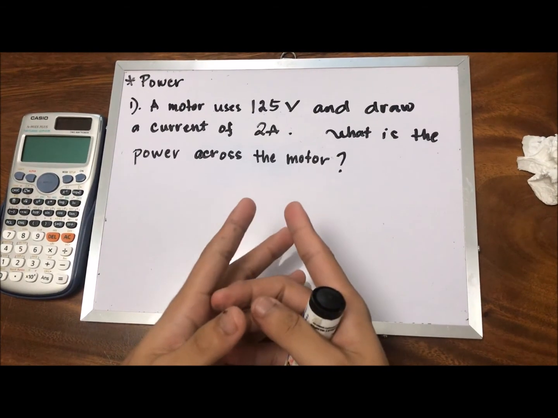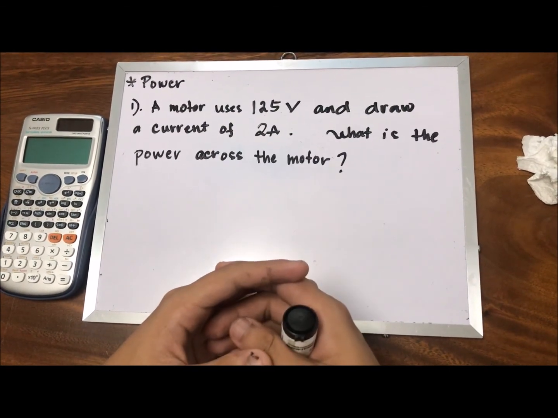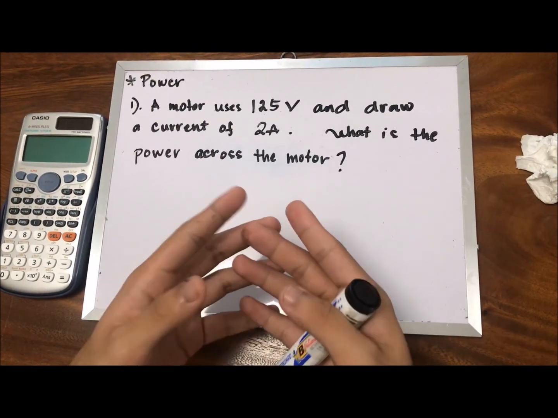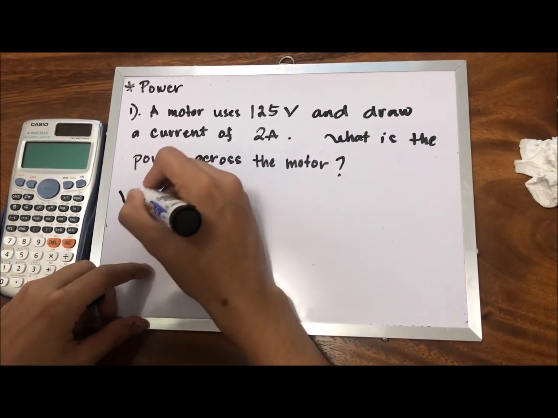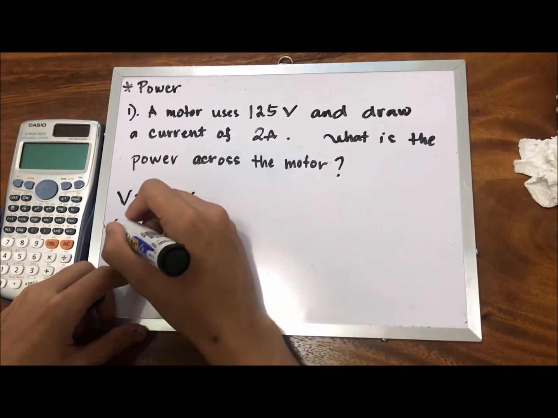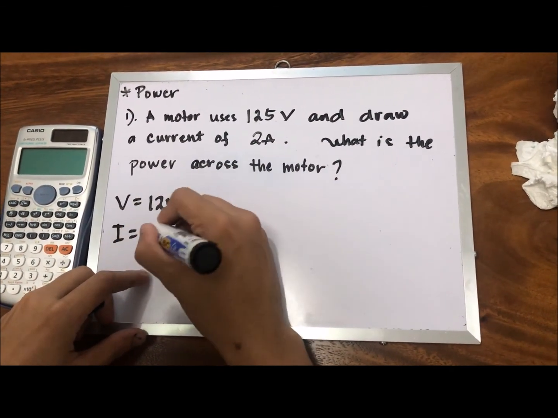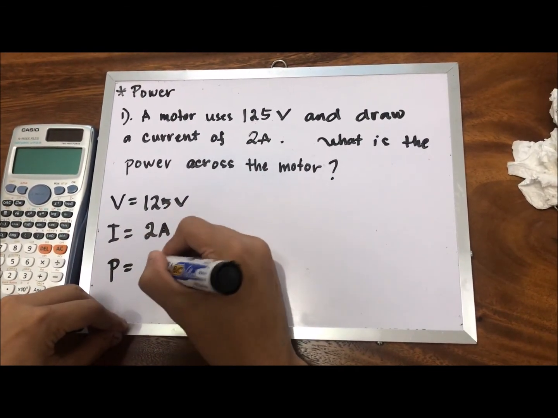A motor uses 125 volts and draws a current of 2 amperes. What is the power across the motor? We are given 125 volts and a current of 2 amperes, and we are finding the value of the power.